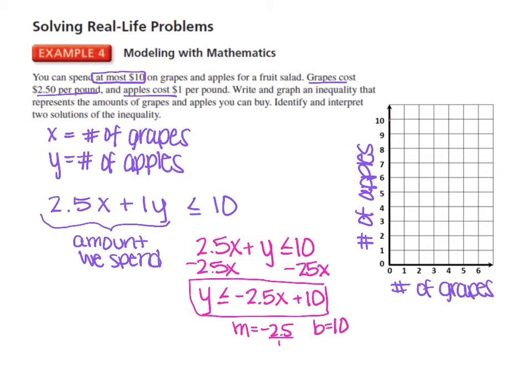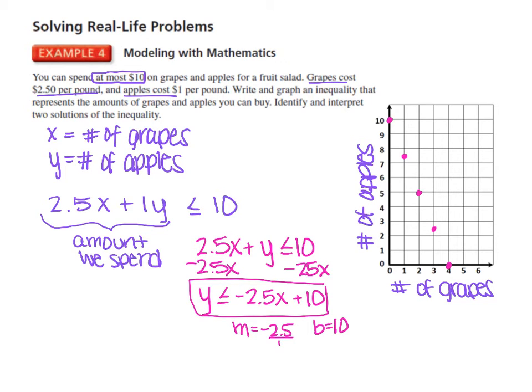So if I start up here at 10 and I go down 2.5 over 1, down 2.5 over 1, down 2.5 over 1, down 2.5 over 1. I plotted all my points on my graph. What do I need to do yet? Well, I need to decide how to connect those.